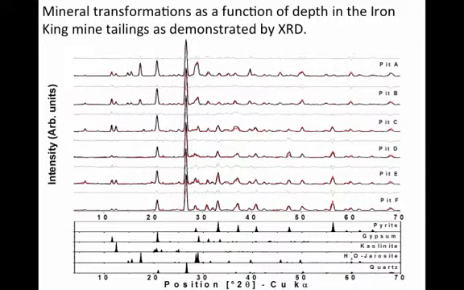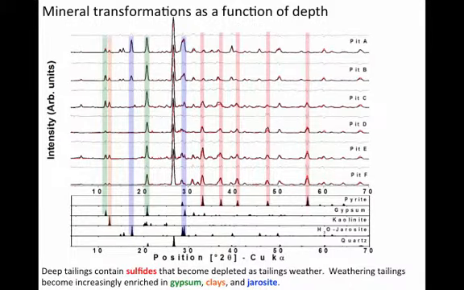This might actually be more effective, where you say you're looking at mineral transformations as a function of depth by X-ray diffraction. I guess I should have added that this is X-ray diffraction. But see here, I've used colored boxes to highlight the contributions from different minerals, and then I've used colors in my figure caption to help explain what those colored boxes are.